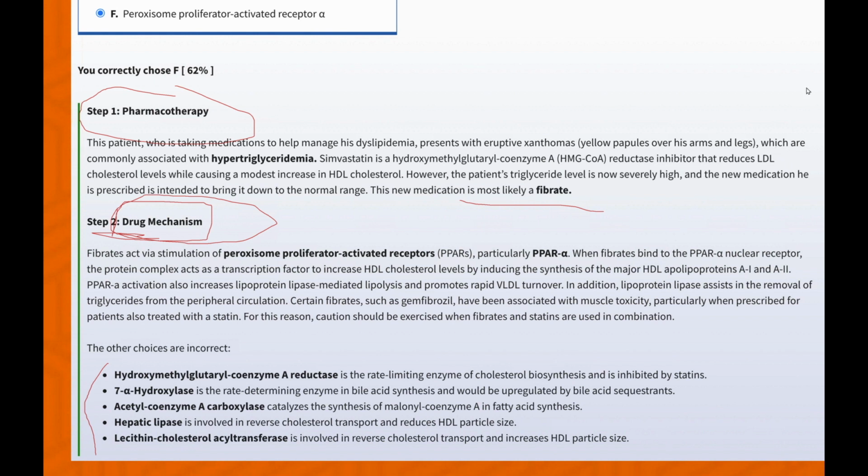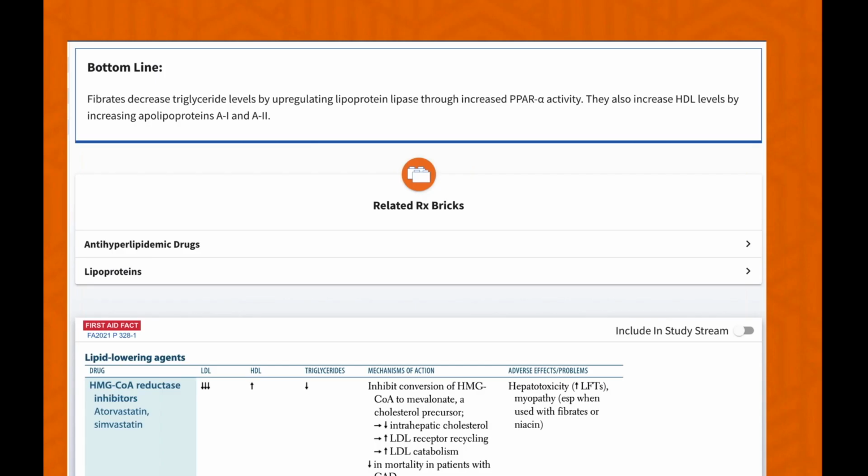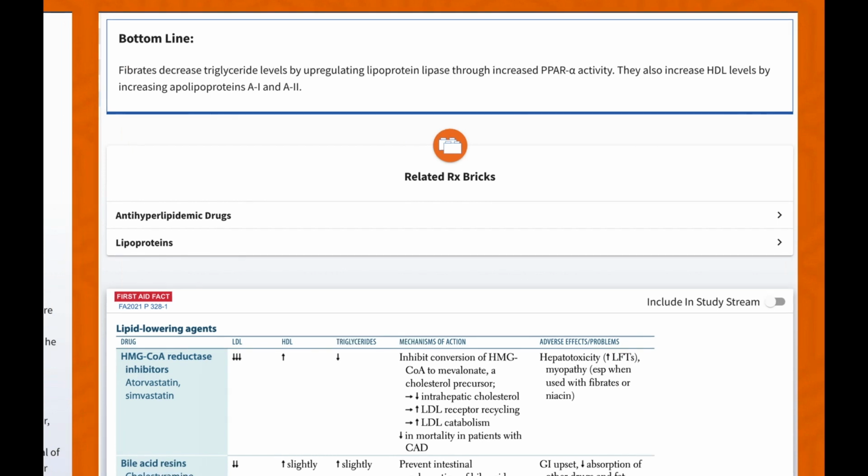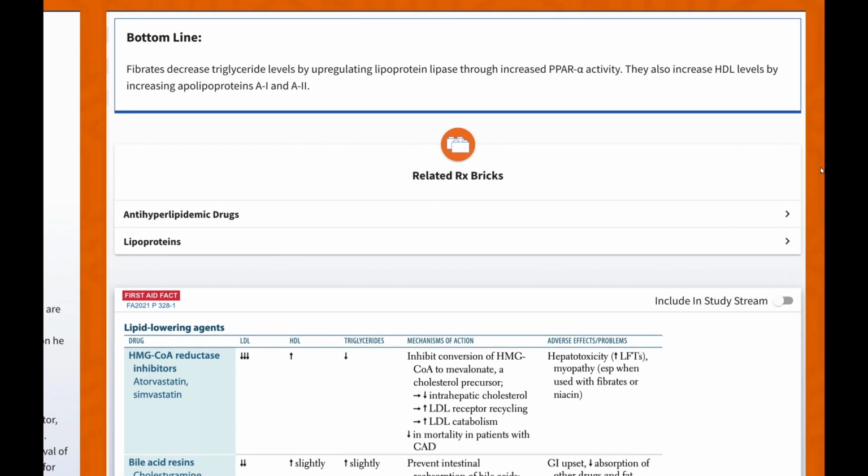Okay, let me go ahead and erase that. And then you can see over here, once you get to the bottom line, once you get to the explanation, we also now link in the relevant bricks.